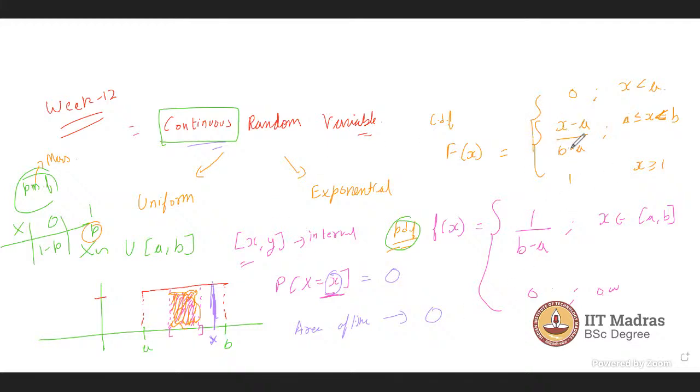These things one can obtain by using the integration formula or by using area under the curve. Integration, I think you all have done in Maths 1 by now, so you can try that, but mostly integration will be used in Stats 2. In Stats 1, you can work with these formulas as well. Any doubt in it? So here it will be 1 for x greater than b. Yeah, greater than b. Okay.